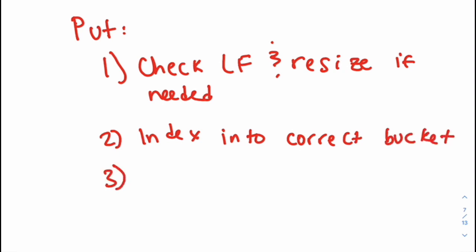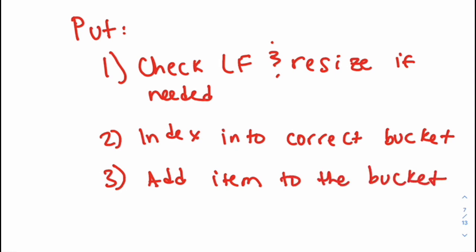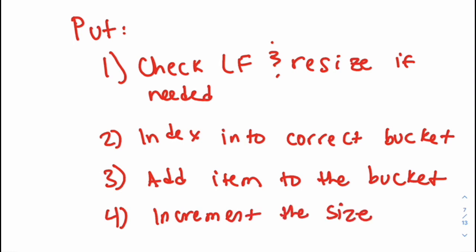Number 3 is add item to the bucket. And that's it. That's how we put. Oh, and then lastly, increment the size. Okay, I hope that this video was helpful, and that's all.